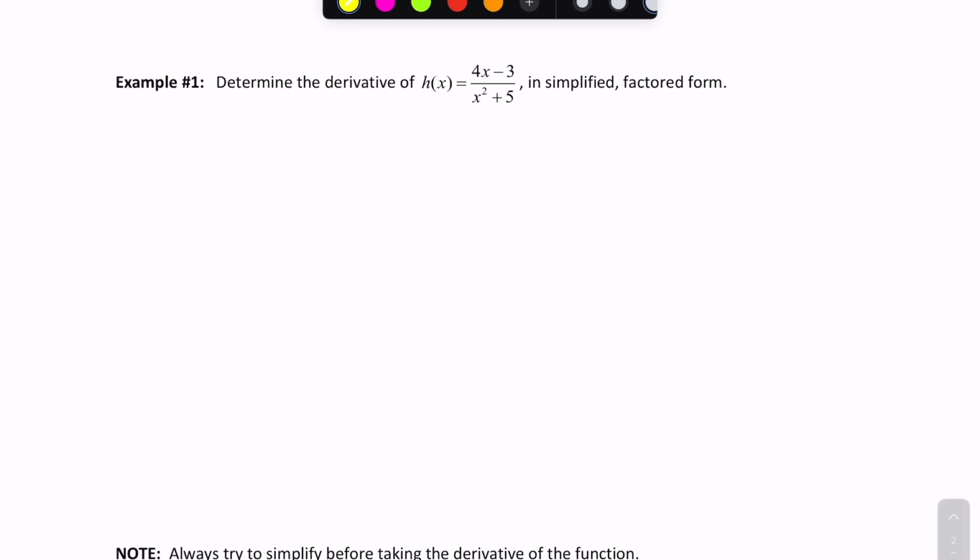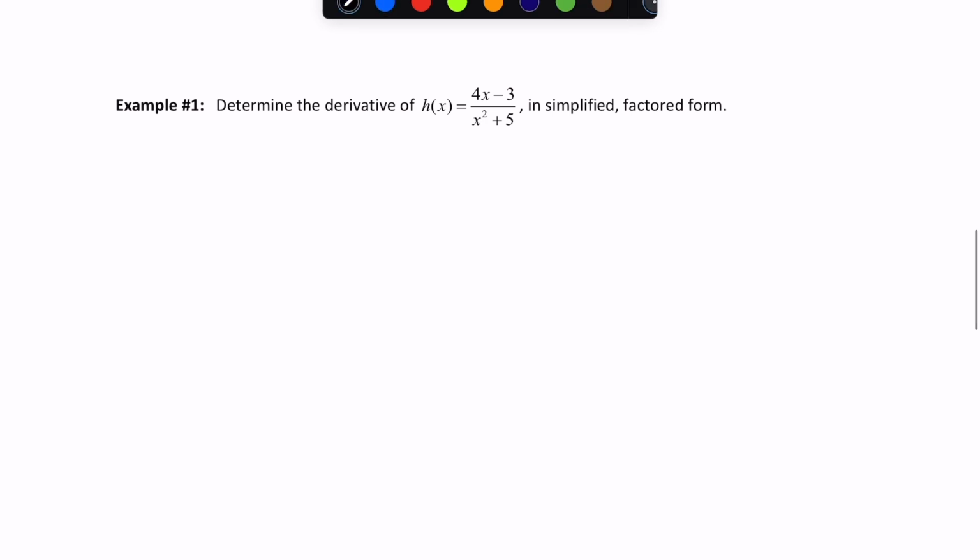Example number 1 says determine the derivative of h of x is equal to 4x minus 3 over x squared plus 5. Like we did with the product rule, we'll label one of these terms as f and the other as g.